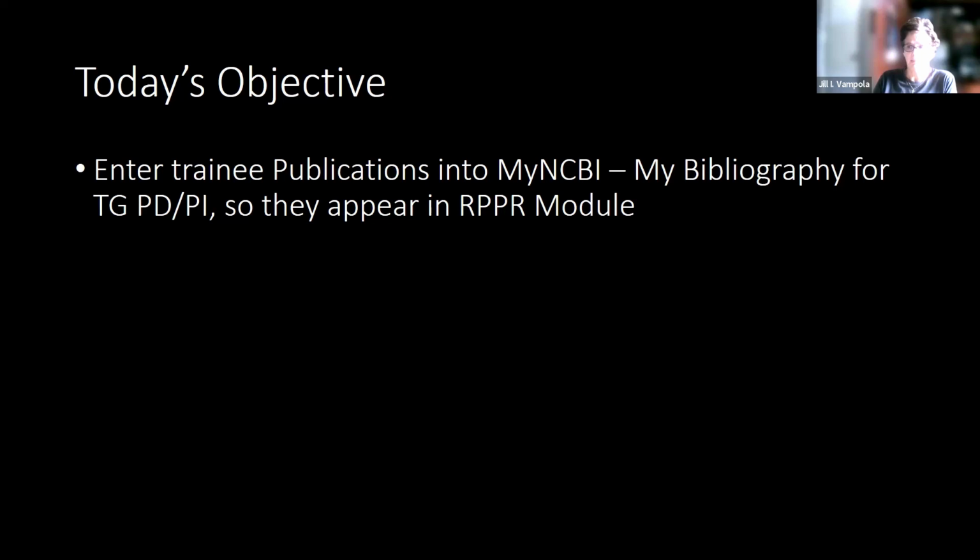So all your publications that are associated to be reported during this training period need to be assigned through the MyBibliography system so they appear in the RPPR module. You don't add publications right in the RPPR module. It's a bit confusing. I don't know why NIH has to make things so complicated, but they do.